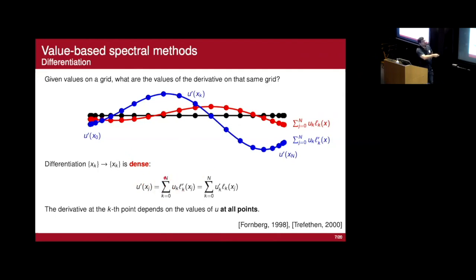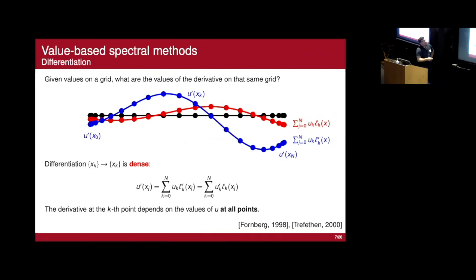It's the original values times the derivative of the Lagrange polynomial at the jth point. But now I want to represent this in the same world that I started in. So I want to represent this back in the Lagrange polynomial basis of the original grid. And so this is going to be some other sum of some u primes in terms of Lagrange polynomials.